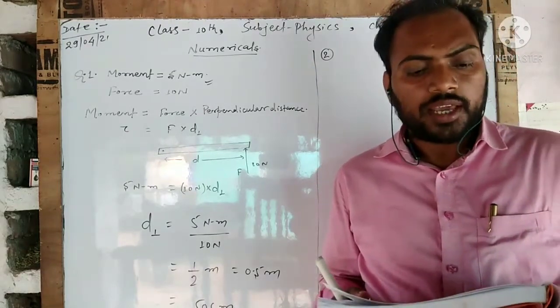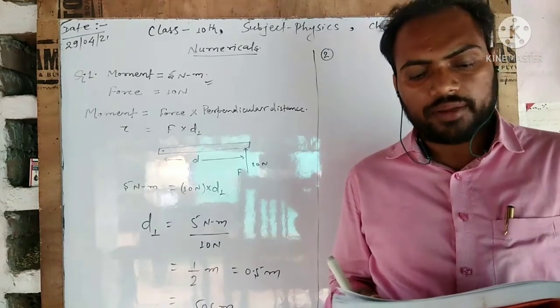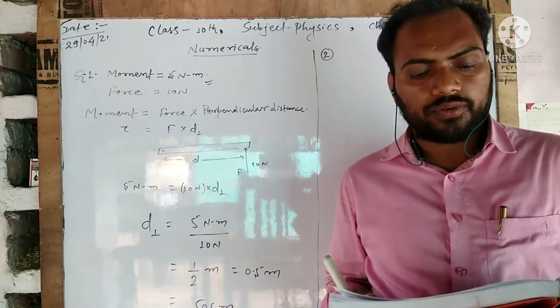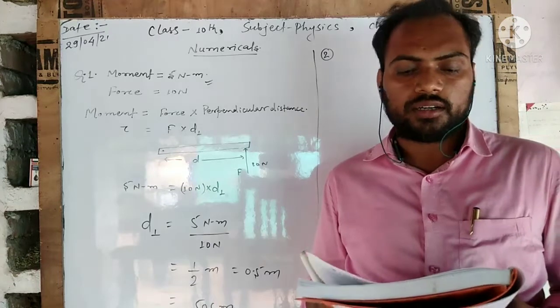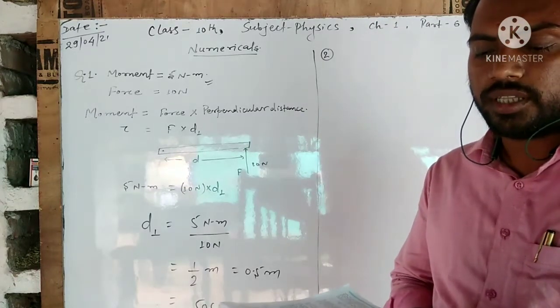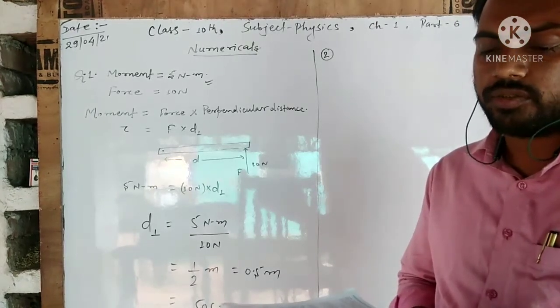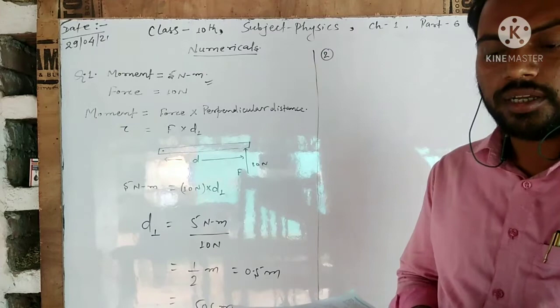If the least force required is 5 Newton, find the moment of force needed to turn the nut. It is asking you to find the moment of force needed to turn the nut.